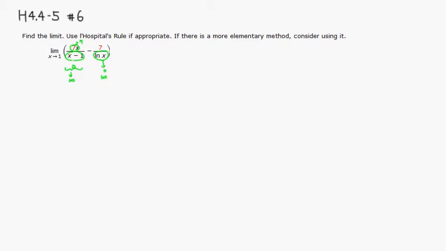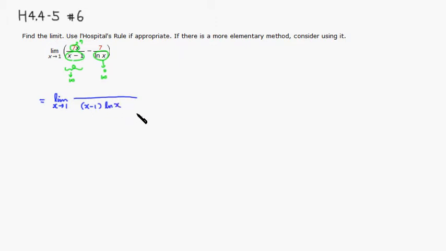By combining these two fractions together, we get a limit as x approaches 1. Then take the common denominator, which is just the product of the denominators, so it's the quantity x minus 1 times natural log of x.